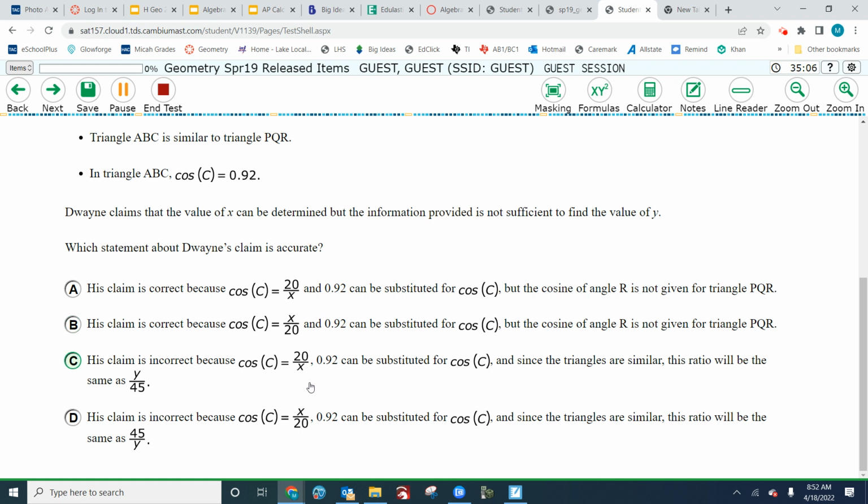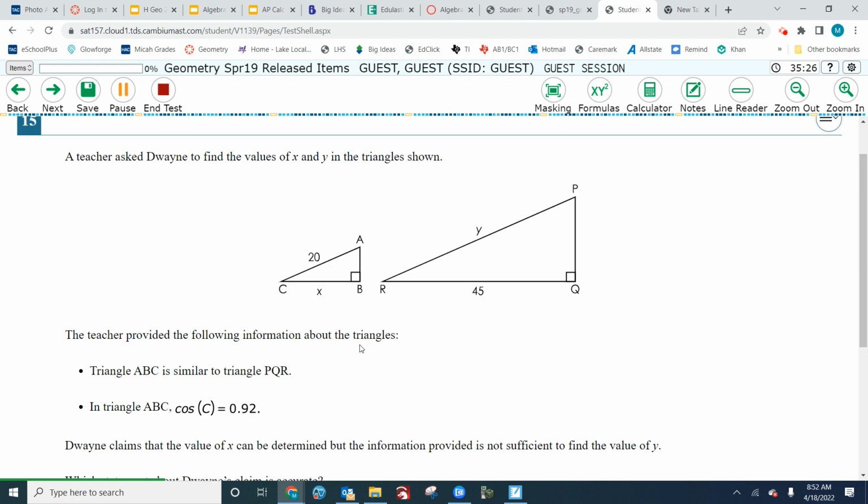What if they didn't? Hypothetical. What if they had the correct ratio right here, if we kept reading? Let's check the y over 45, okay? Since the triangles are similar, this ratio will be the same as y over 45.